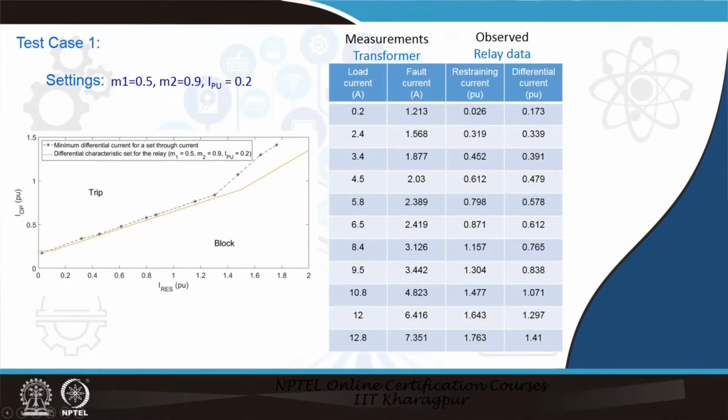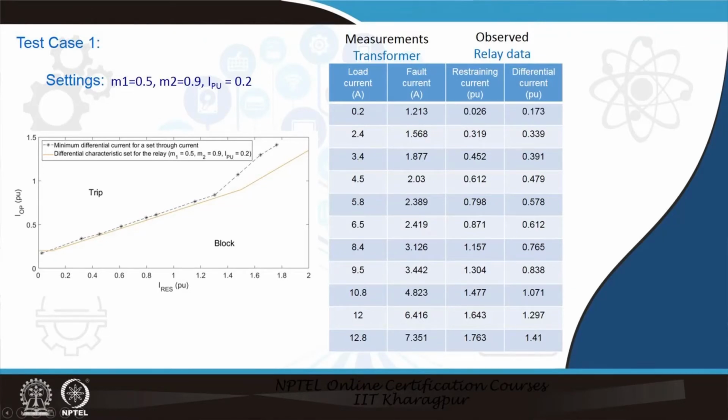Like this we go from 0.2 ampere to as high as 12.8 ampere on the loading side, and the corresponding fault current goes on increasing, as you know from the percentage bias characteristic perspective. So, this part is observed from the relay data, taken directly from the relay.